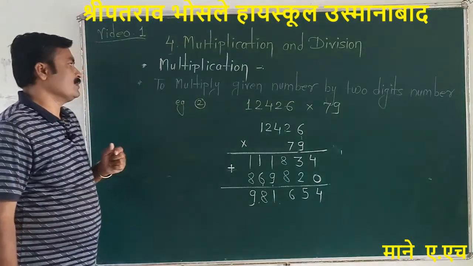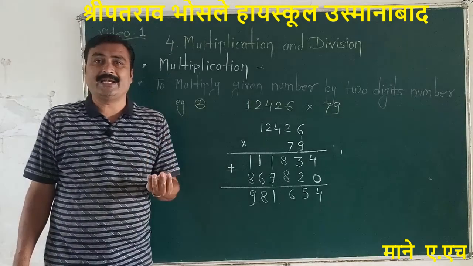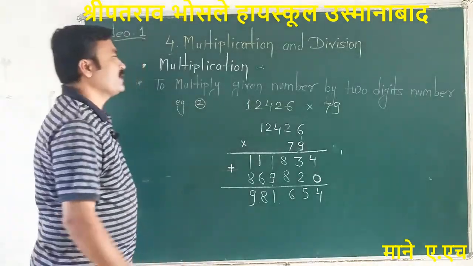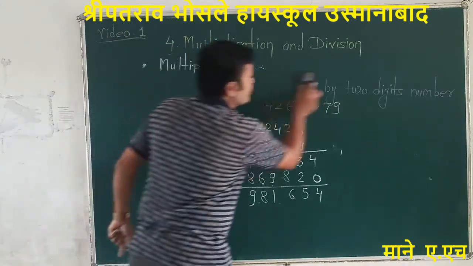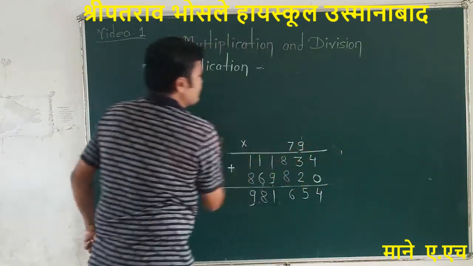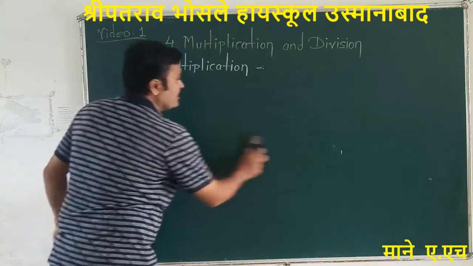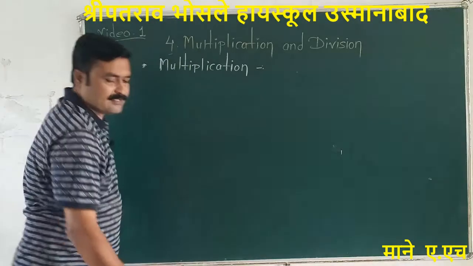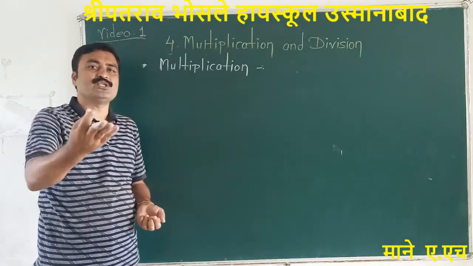Now this second condition, we learned in our 4th standard. Now we are coming into the 5th standard. Now we have to proceed to the next example after this. The next example means we are extending the numbers here. That means we have to multiply the given number by 3-digit numbers.